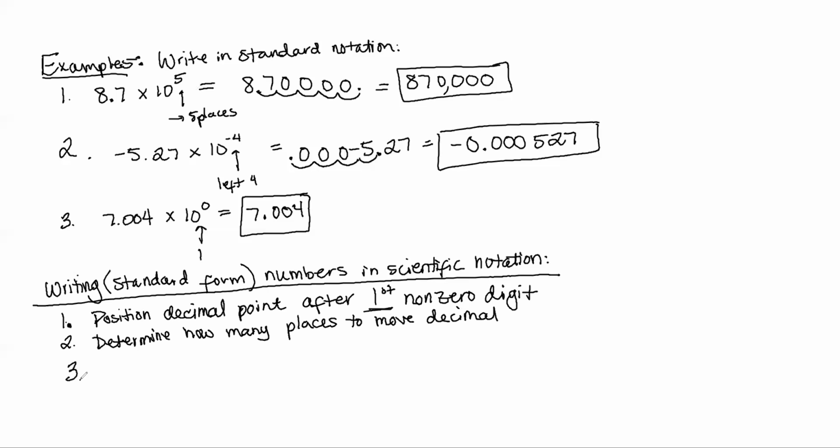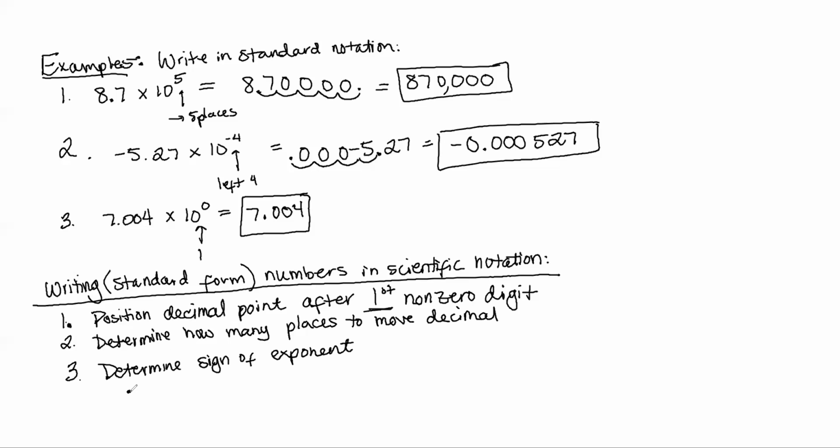And then our last step, this one's broken into 2 different parts. We need to determine the sign of the exponent. It's not always going to be positive, it might be negative. So there's a couple ways you can remember to do this.